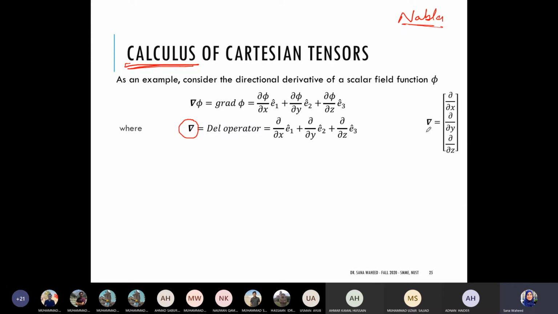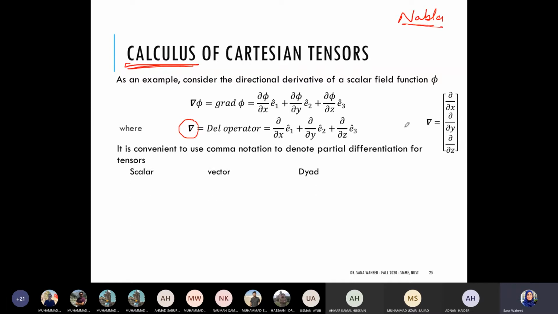Now this operator can be applied to different types of fields, be it a scalar field, a vector field, or a higher order field. So for example, here above it's giving the example that if there was a scalar field phi, then how does the del operator apply to it? In that case, we basically get the derivative.